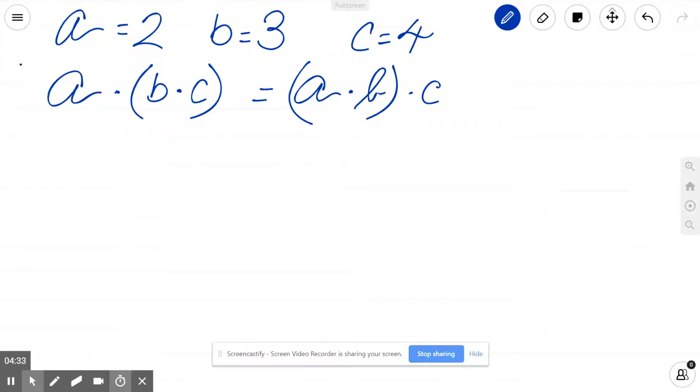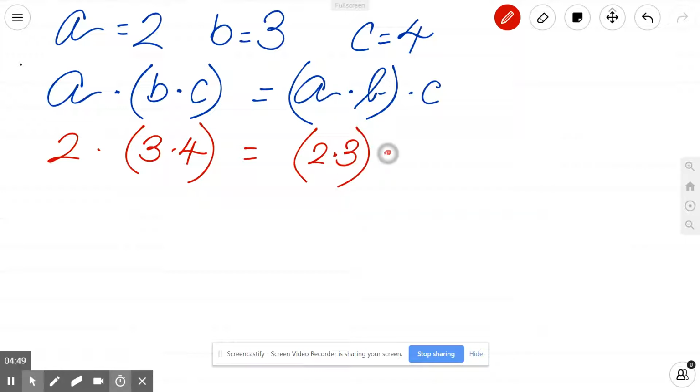And if you remember PEMDAS, we'll first have to do parentheses, but let us first set up how it looks. So a is 2 times b times c, which is 3 times 4, equals a times b, which is 2 times 3, times c comes later, which is 4.